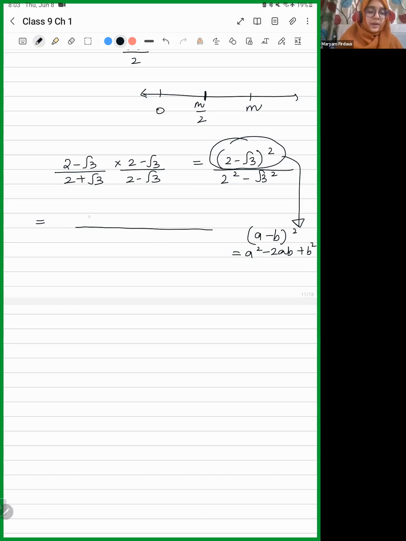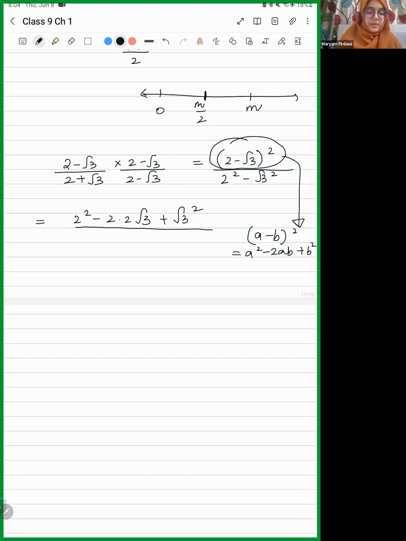Now tell me, what do I write here? 2 square minus 2 into 2 into root 3 plus root 3 square.